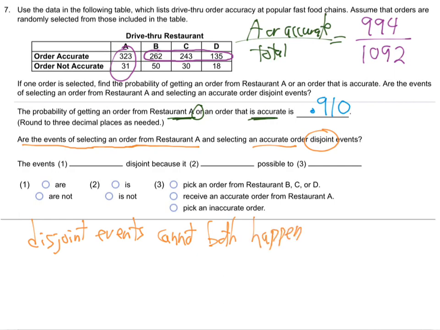That'd be like rain and no rain, or the things that can't both happen. If you said, hey, the team won and they didn't win the same game, that can't happen. That's disjoint. You either win or you lose.